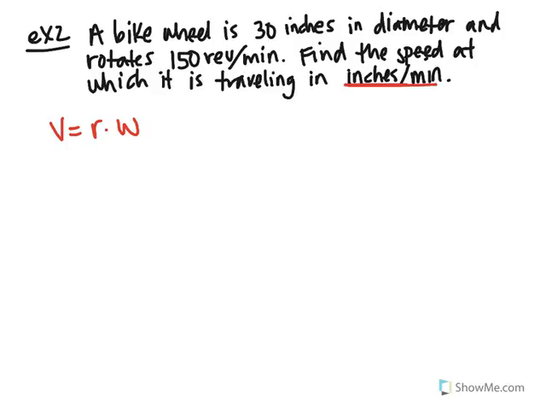So starting off, since this bike tire is 30 inches in diameter, we're going to go ahead and use its radius. Its radius would be 15 inches. So we would get the velocity is equal to 15, and now we need to find the angular speed. So we're going to go ahead and use the formula to find the angular speed. Remember, it's theta over t.